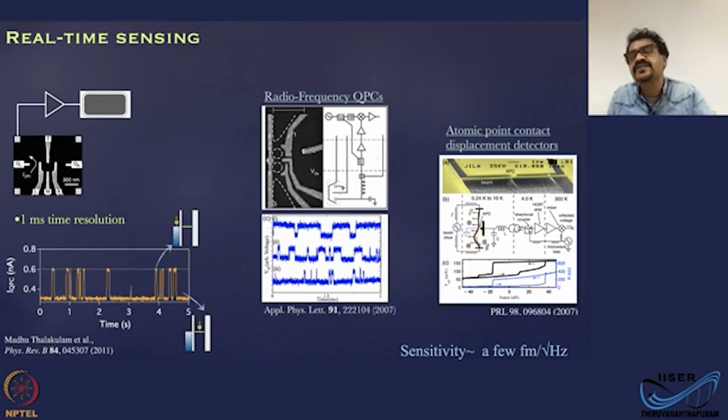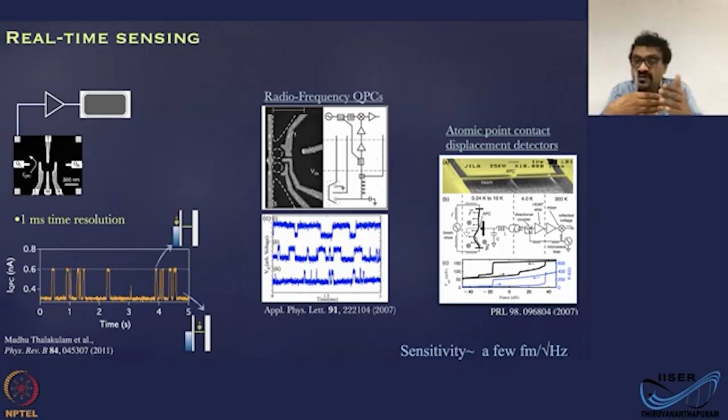Okay, it's like an AFM or an STM experiment where you have a beam which can move or oscillate, and you have a knife edge which is coming here, and the contact here is at the atomic scale. So the conductance through the circuit is a strong function of the point contact channel resistance.